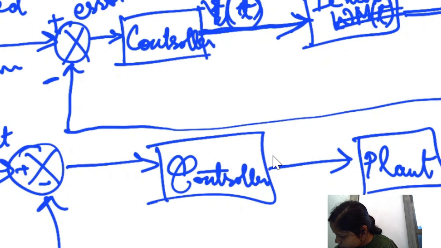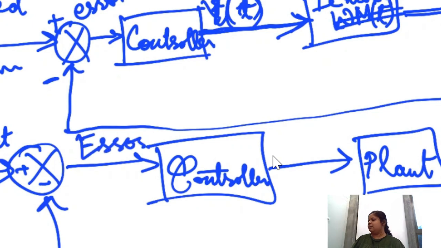Then you have some output, and that output you're sending back to compare with the reference input to generate the error. This is the closed loop system. So mainly this thing is the feedback, that whatever the previous output was, you are trying to take that into account to find the error and improve the output. So this is a closed loop system.